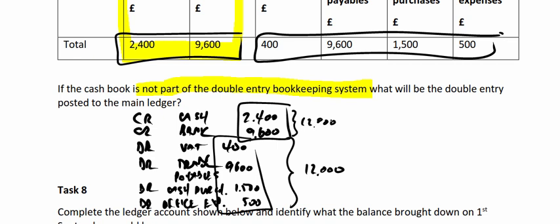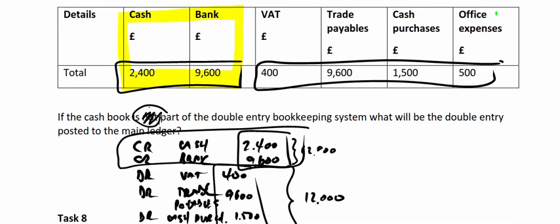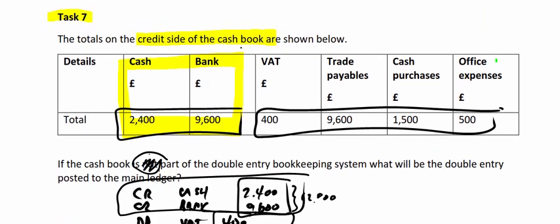Now in this example, because we were specifically told the cash book was not part of the double entry bookkeeping system, that's why we had to actually post the two credits into our nominal ledger. If it had said that the cash book was part of the double entry bookkeeping system, it would actually imply that the credits to cash and bank had already been posted by virtue of being in the book of prime entry.